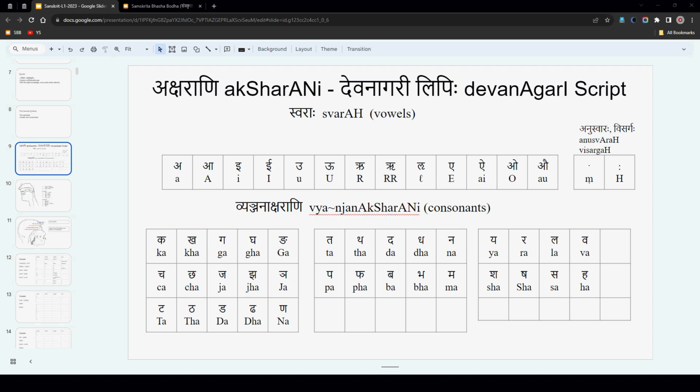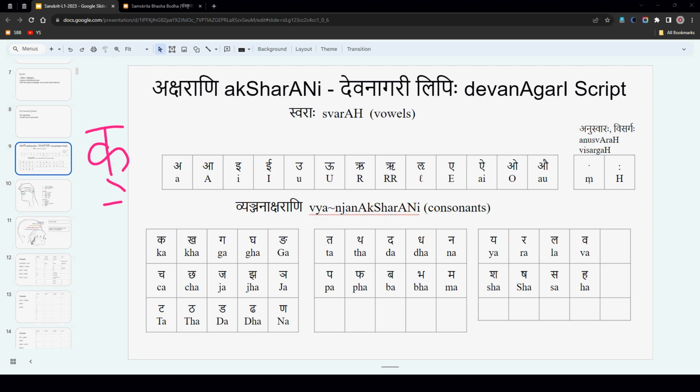Then the ka, kha, ga, gha, nga, all these vyanjanas, they cannot be pronounced independently. What they are shown here are also not actually the proper correct writing form of vyanjanam. Vyanjanam in Devanagari are written with the slant line at the bottom, right?